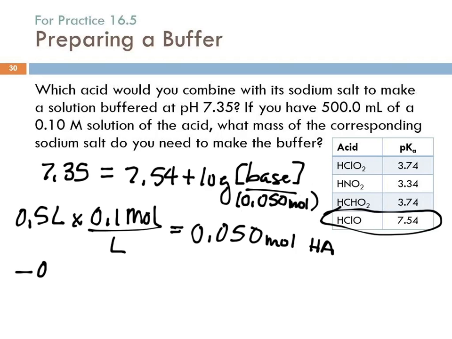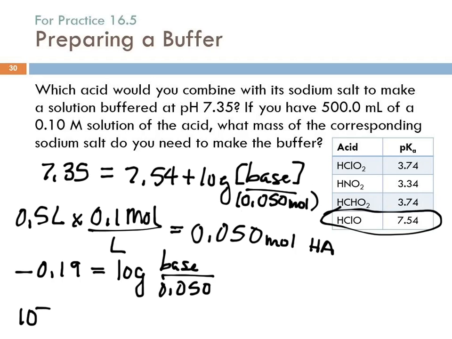So we're going to get negative 0.19 is equal to the log of the base over 0.050. How do we get rid of the log? 10 to the x of both sides. So 10 to the minus 0.19 is going to equal the moles of base divided by 0.05.